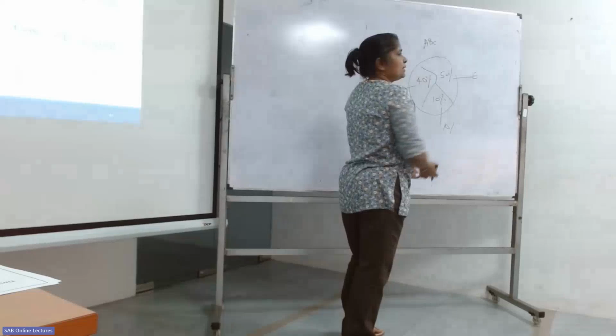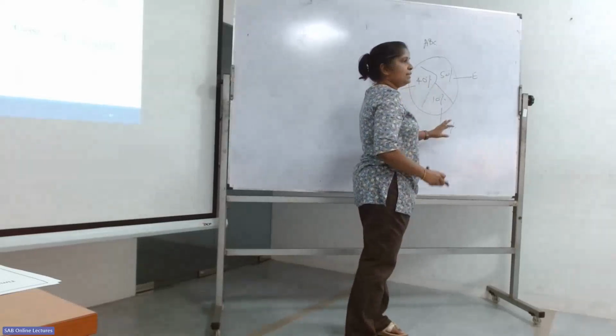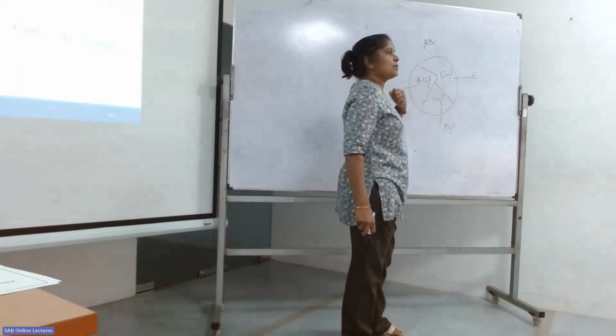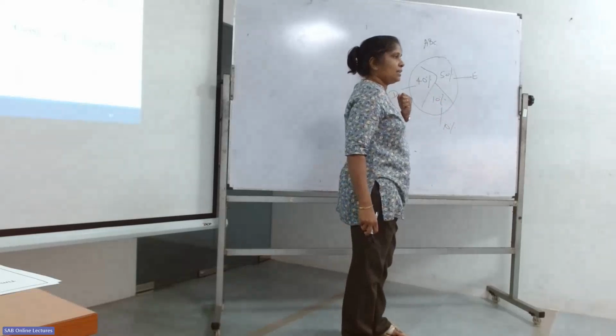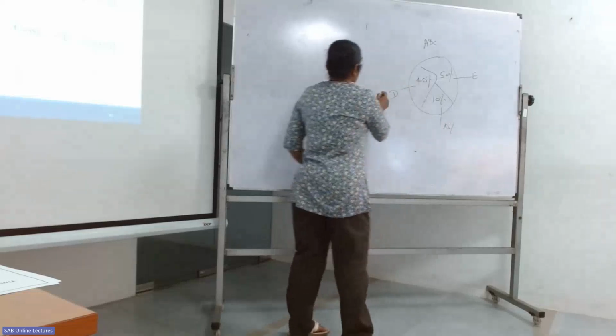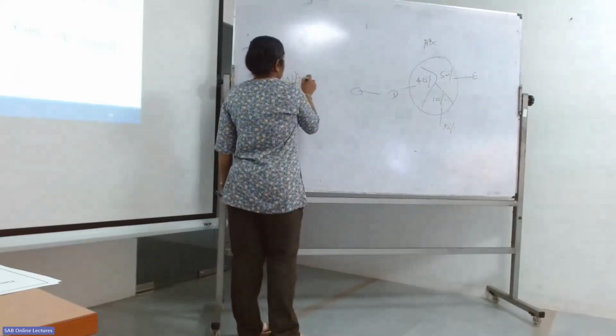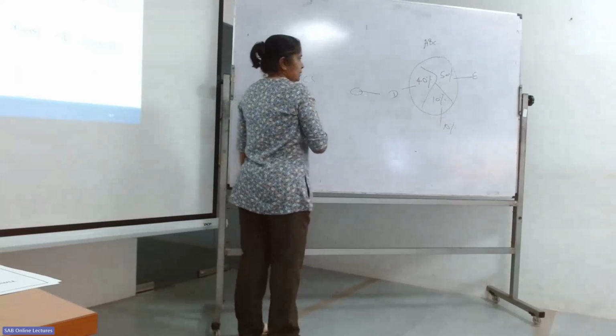So this is the capital structure. This is how this particular company has financed their total capital requirement. Then you need to calculate the overall weighted average cost of capital of the company.